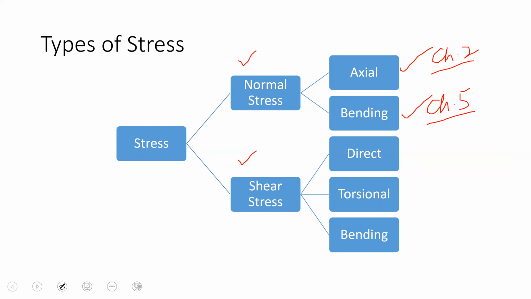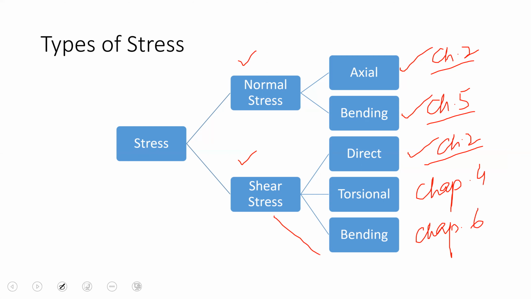Then, in the category of shear stress, we have direct shear, that is again chapter 2. Then torsional stress, that is chapter 4, right? And then chapter 6 we are going to start today, that deals with the bending shear or the transverse shear.